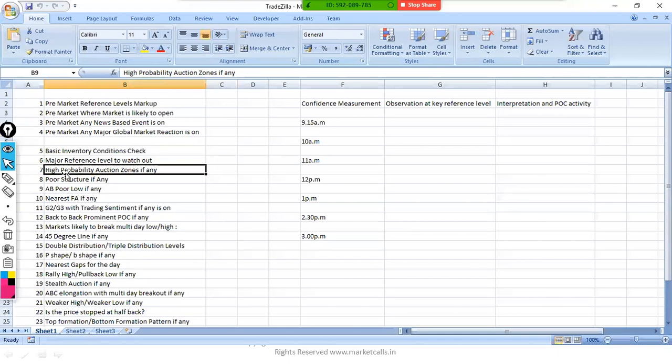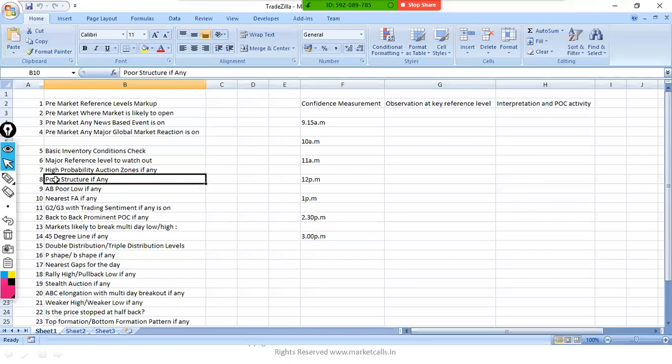Any auctions you are anticipating to touch nearby, with the context of why you are anticipating that, you have to give a reason. Are you seeing any poor structures? Are you seeing any anomalies from the charts? So you have to do a preparation pre-market.